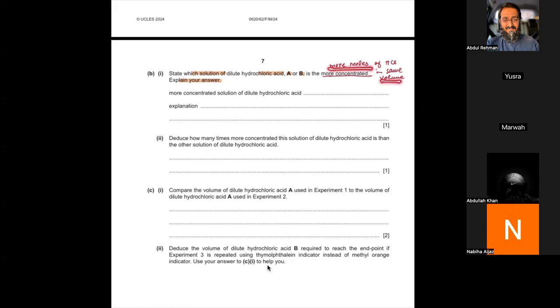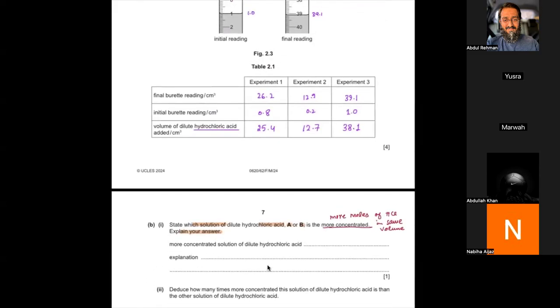As it has more moles, it is going to neutralize with a small volume. In experiment 1 we have HClA, in experiment 3 we have HClB, and in experiment 2 we have again HClA, but the indicators are different. HClA needs only 25.4 cm³ of volume, and for HClB 38.1 cm³ has been used.